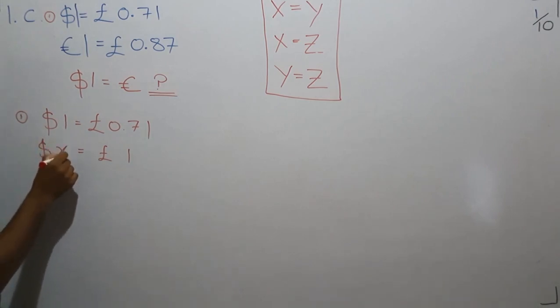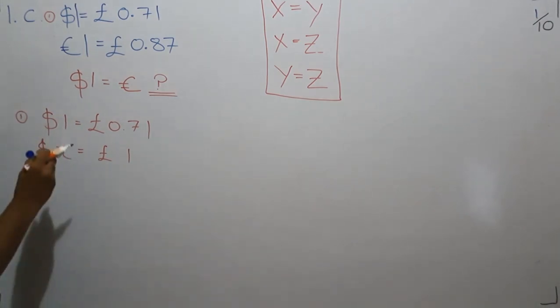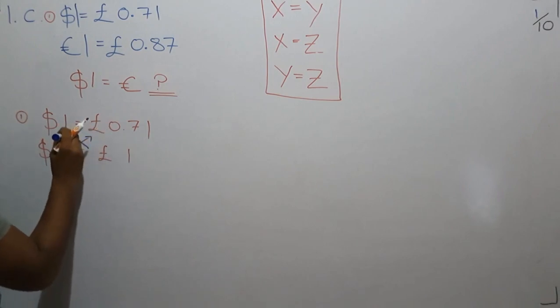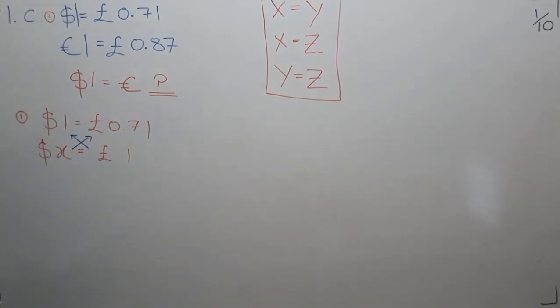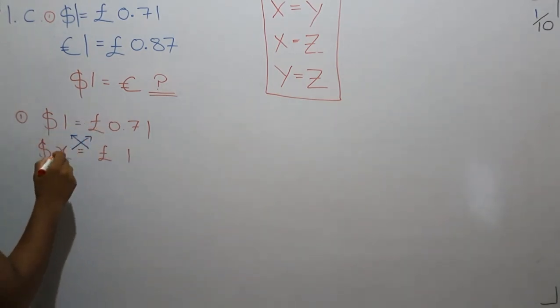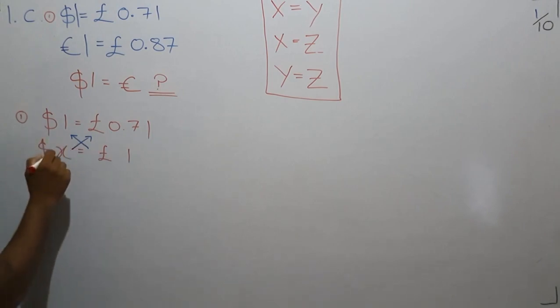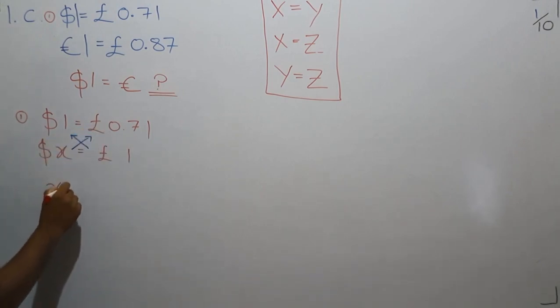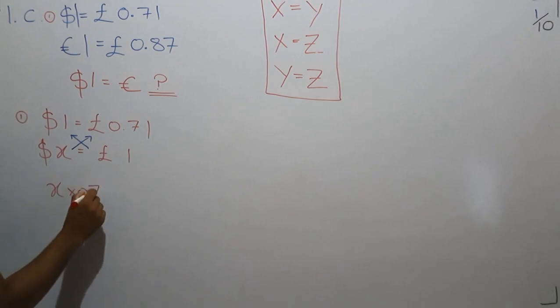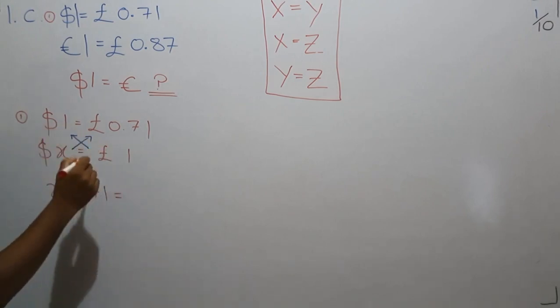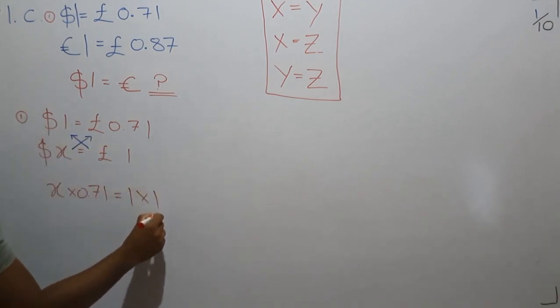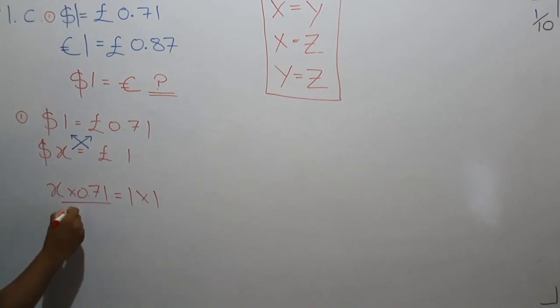We'll take it as x and then cross multiply. x into 0.71 equals 1 into 1. Divide both sides by 0.71.